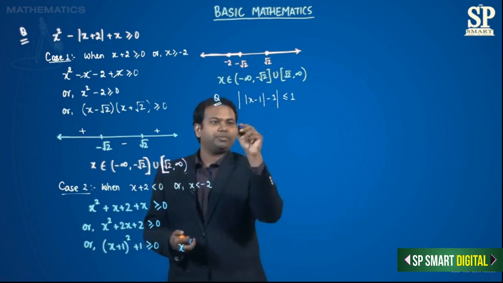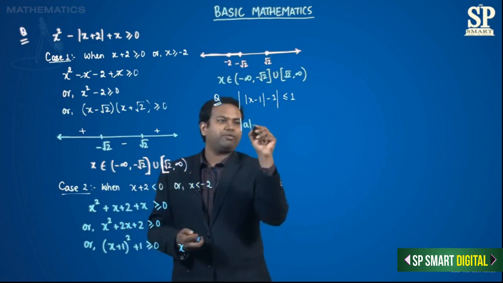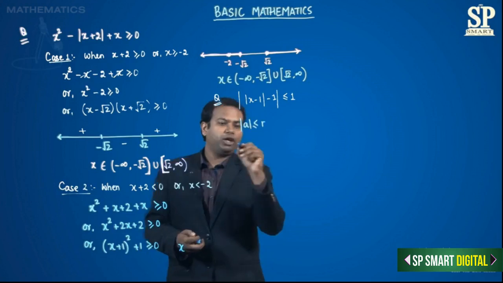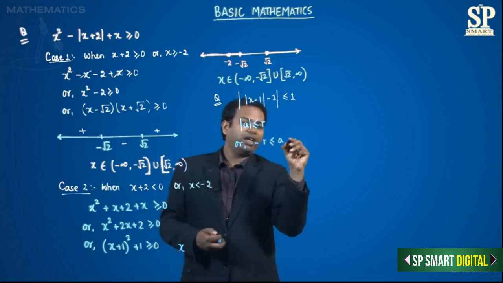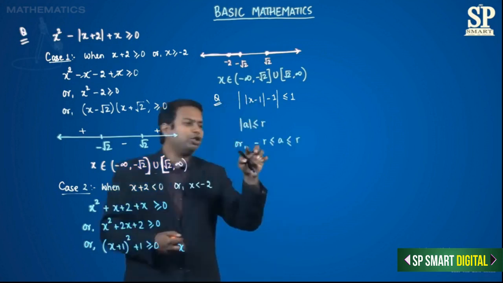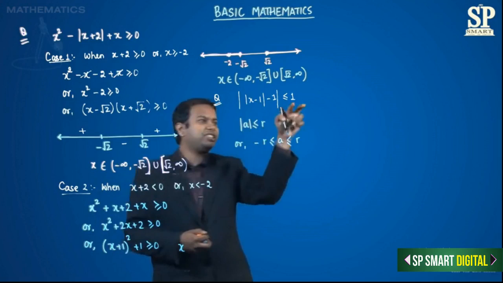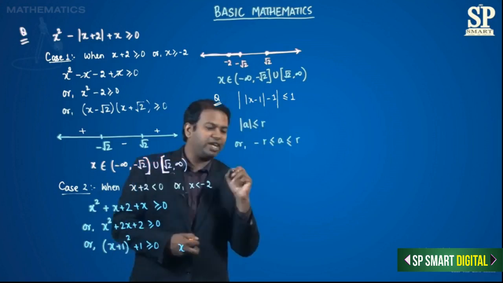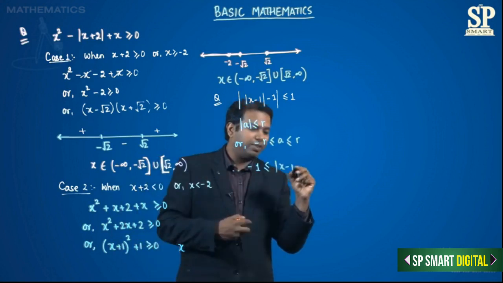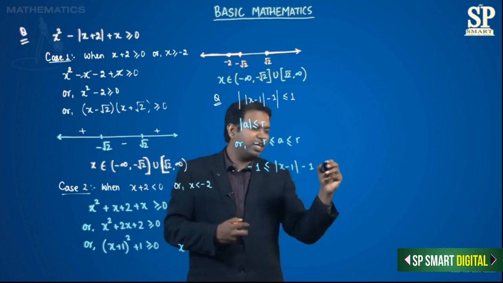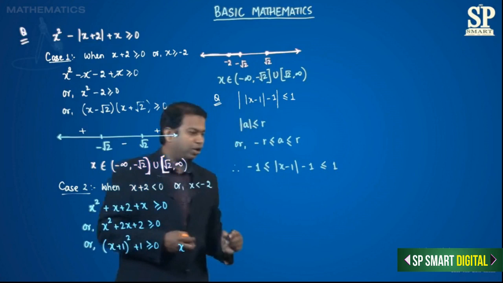So if we apply that property, we understood that if modulus of a is less than or equal to r, we can write minus r is less than or equal to a is less than or equal to r. So using this property, let us expand this inequality, and therefore we can write minus 1 is less than or equal to, the modulus sign goes away, modulus of x minus 1 minus 1, and this is in turn less than or equal to 1.